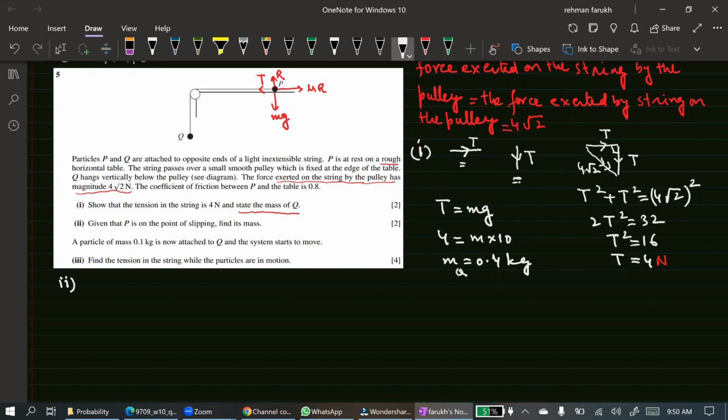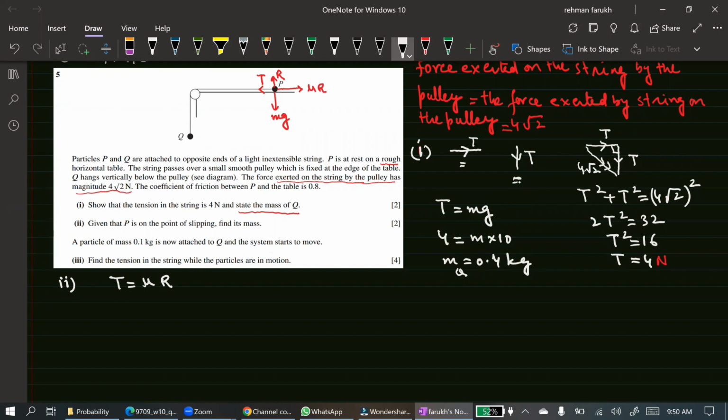Now equating the forces along the horizontal plane, T is equal to mu R, because the particle is on the point of slipping.